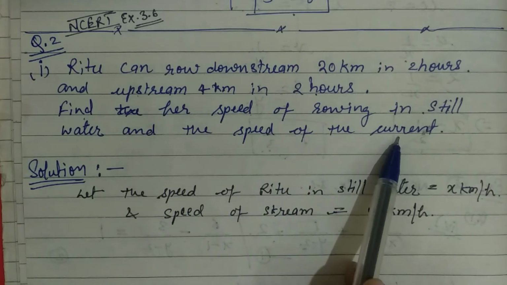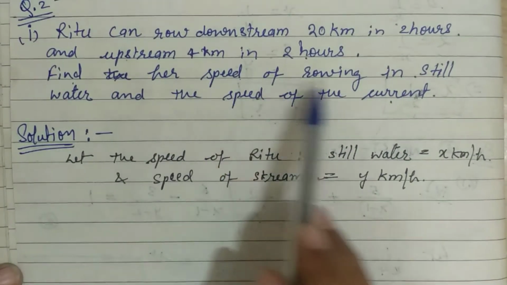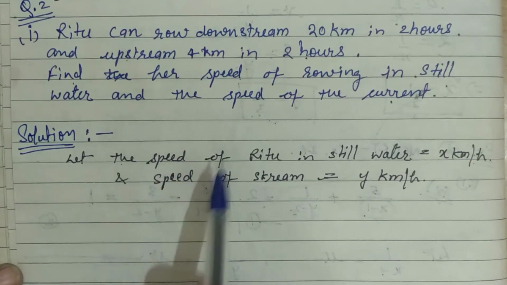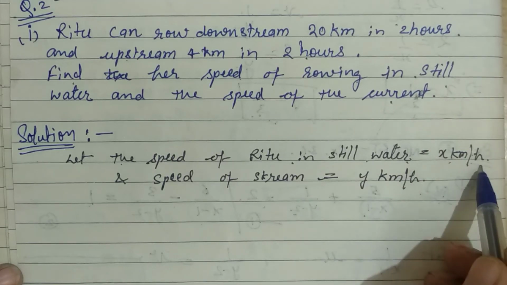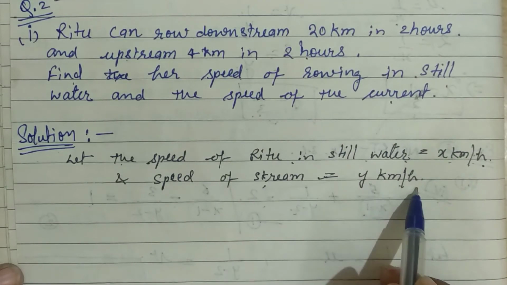Obviously, in a word problem, we suppose the variables that we have to find out. So first we suppose that the speed of Ritu in still water is x kilometers per hour, and the speed of the current, or speed of the stream, is y kilometers per hour.